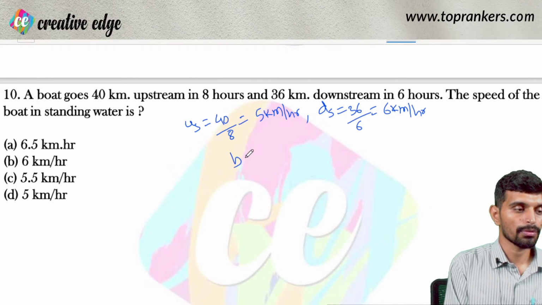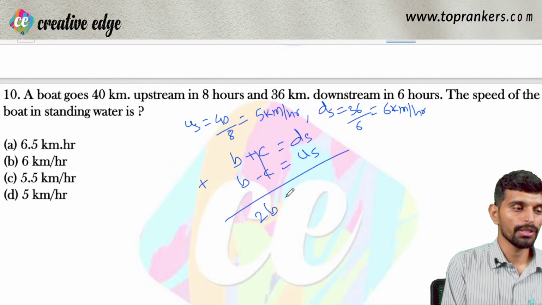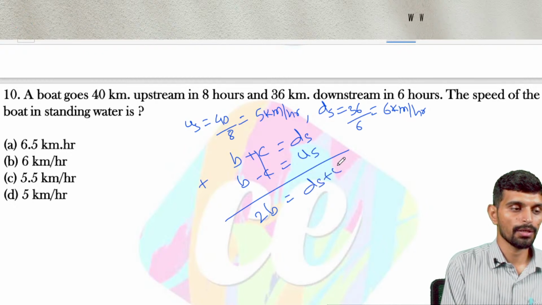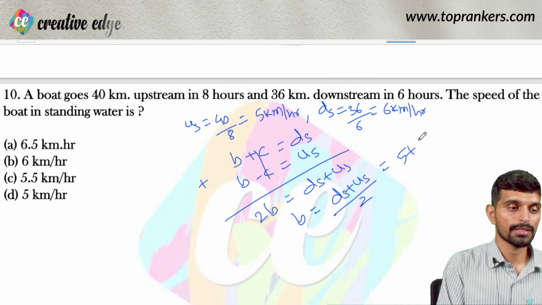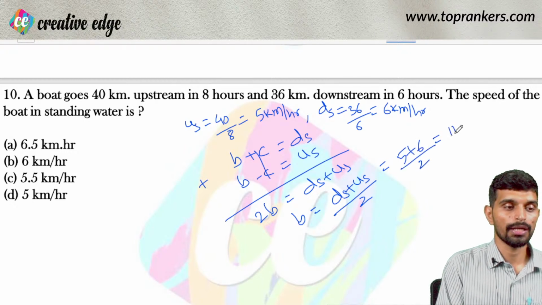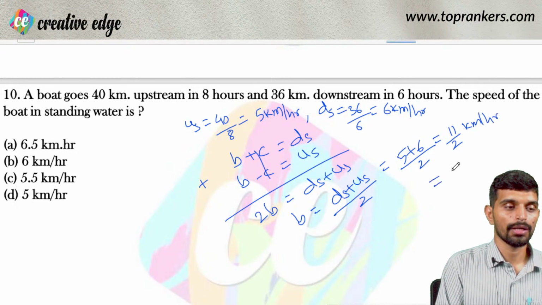So boat plus current is downstream, boat minus current is upstream speed. So let's add these two to get 2b equals to downstream plus upstream, or b is equals to downstream plus upstream by 2. So that should be 5 plus 6 by 2, that is 11 by 2 kilometer per hour, or nothing but 5.5 kilometer per hour.